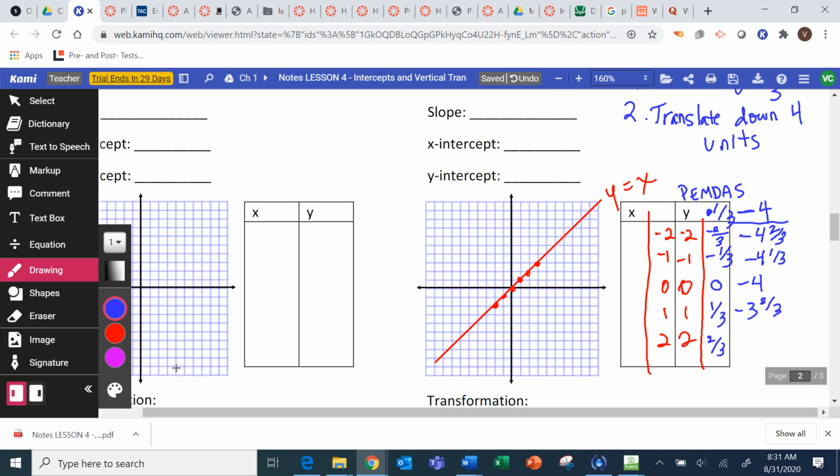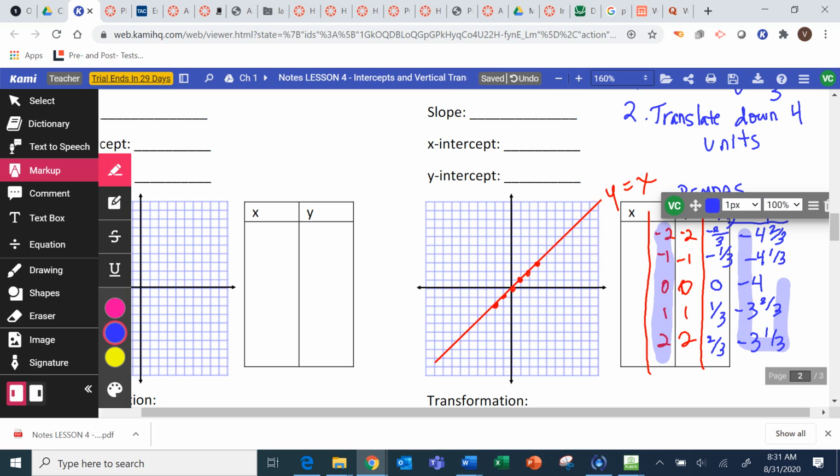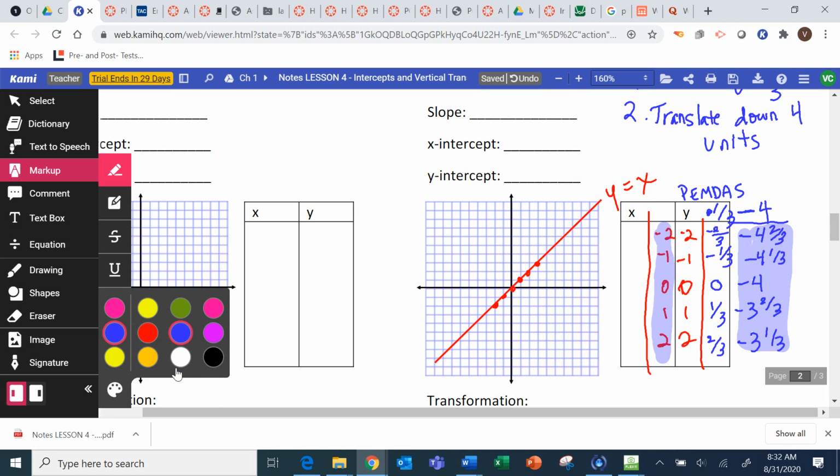And 2/3 take away 4 is -3 and 1/3. Our x values never changed. Our y values changed twice. You use the outermost x's and the outermost y's, and those are your new ordered pairs.